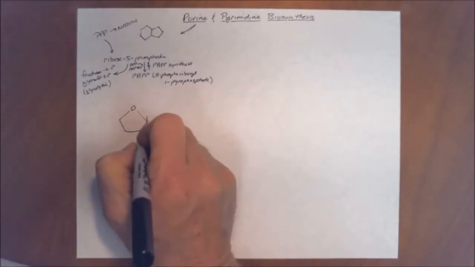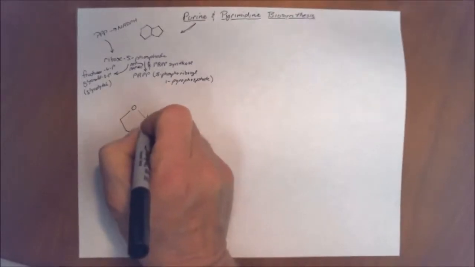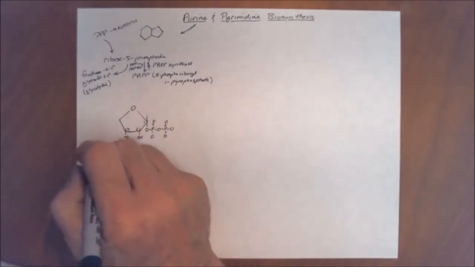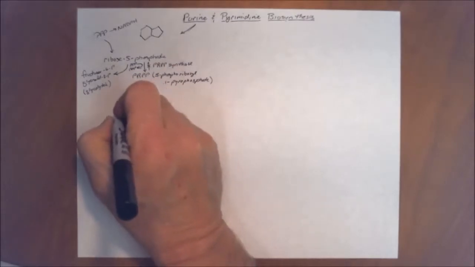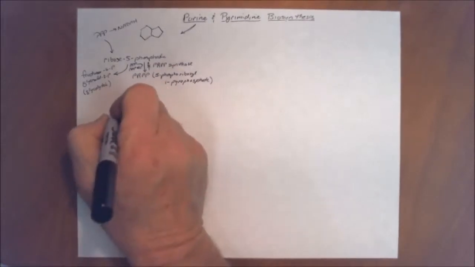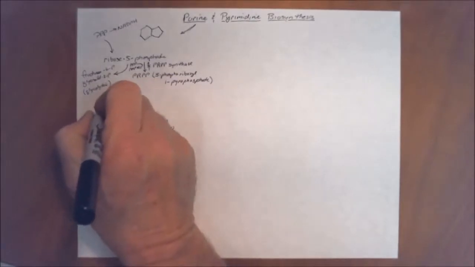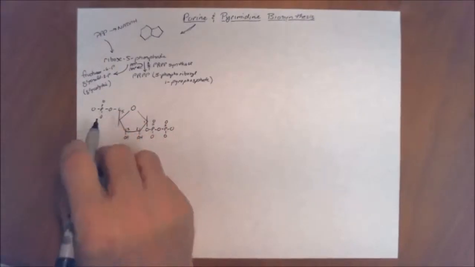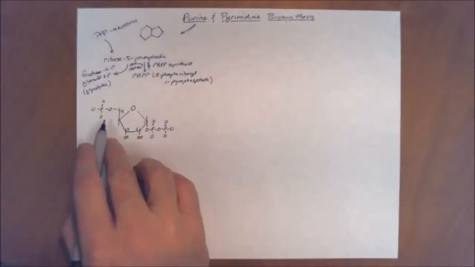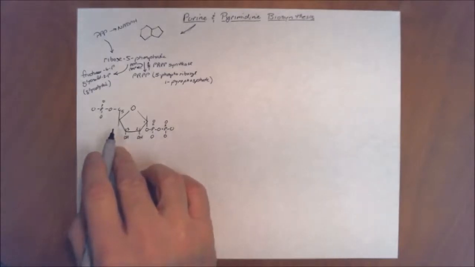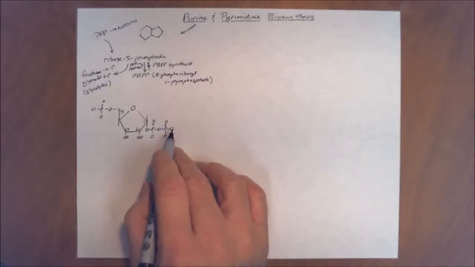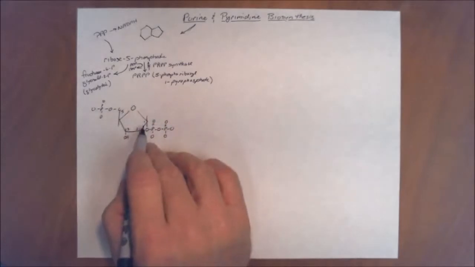Here are our hydroxyl groups on the number 2 and number 3 carbons of the ribose structure. And then, of course, on our number 5 carbon, we have our other phosphate group. So this phosphate will give us our 5' to 3' linkage when we link up these nucleotides into nucleic acid structures, DNA and RNA. And then this pyrophosphate group is going to drive the reaction forward. So this is PRPP.